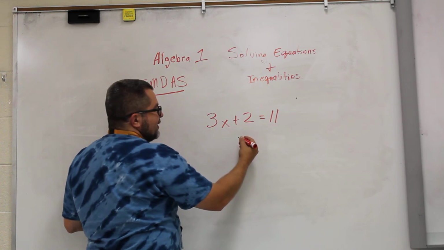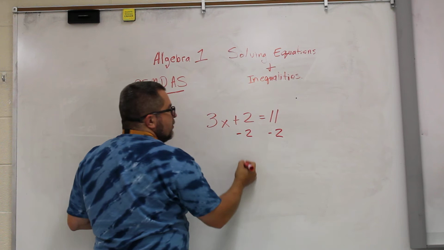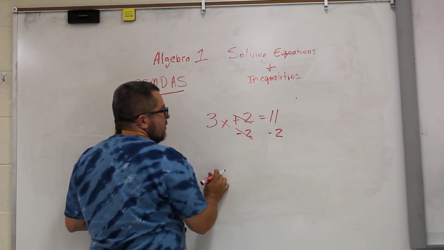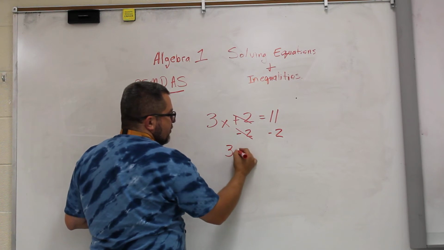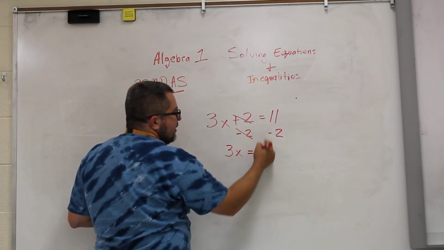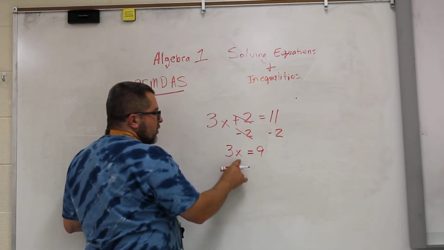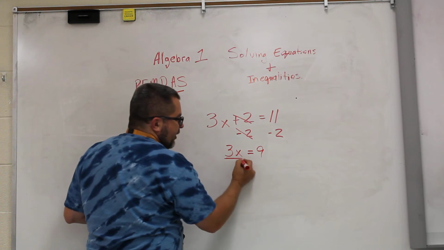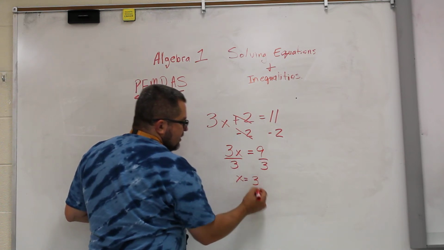We do that with the inverse operation, which is subtracting 2. So 2 minus 2 is 0, so we get 3x plus the 0, we can leave that out, is equal to 11 minus 2, or 9. Then the inverse operation of multiplying by 3 would be dividing by 3, and so x is equal to 3.